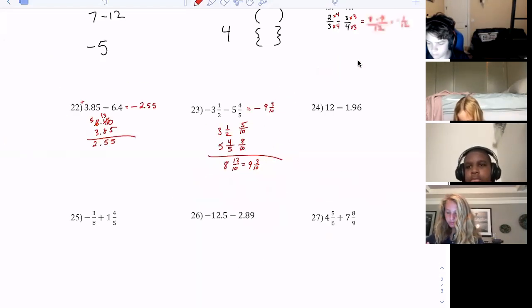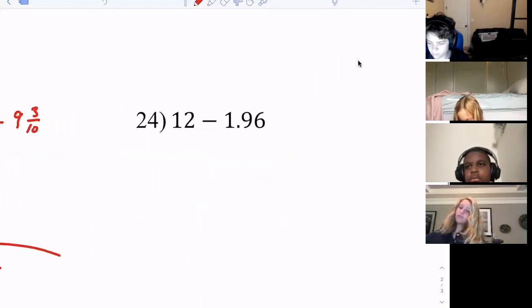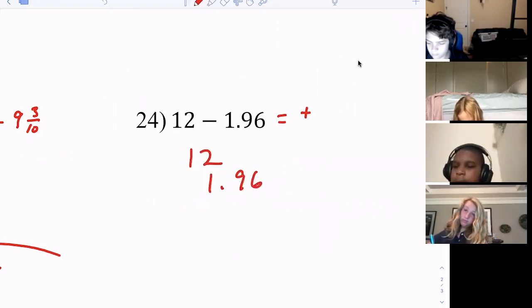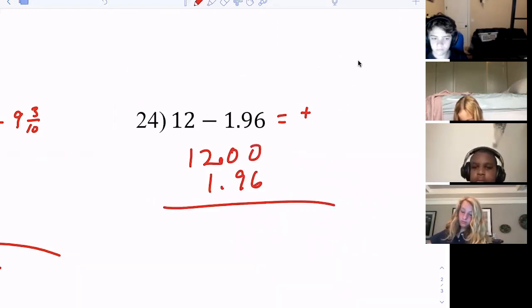Let's take a look at 24. First thing I want you to do is tell me, is the answer going to be positive or negative? It's definitely going to be positive. Do I add them or subtract them? Obviously, don't forget to line up the decimal. 1.9600 decimal. 10.04.